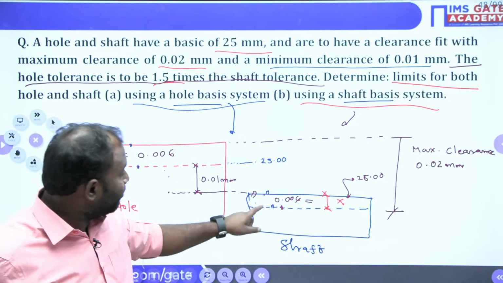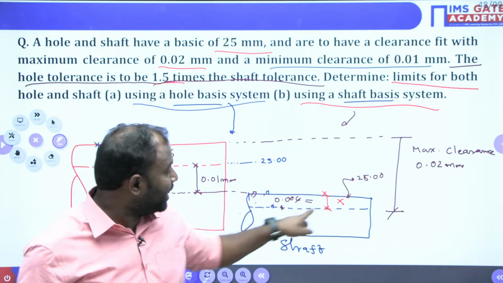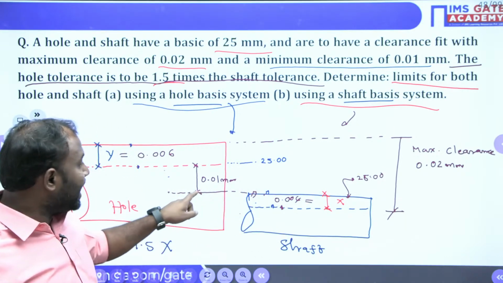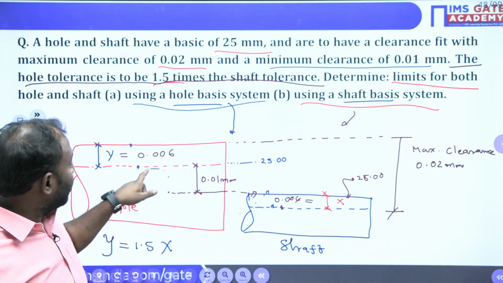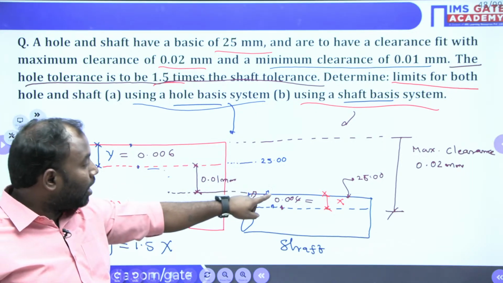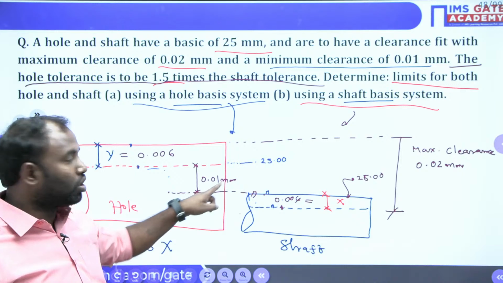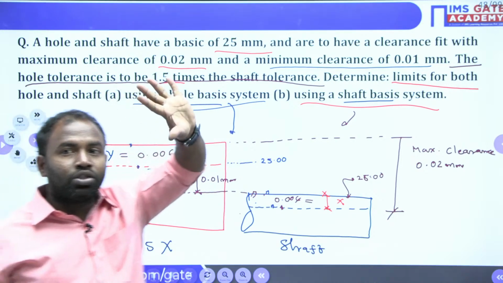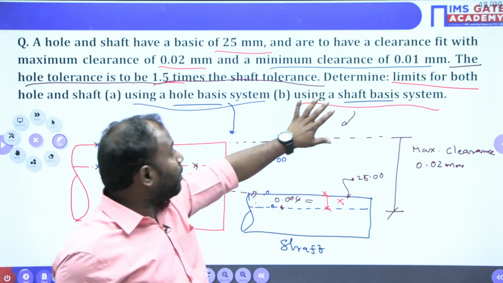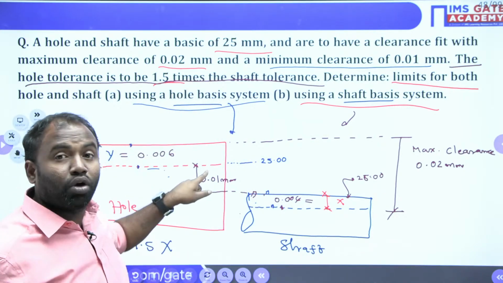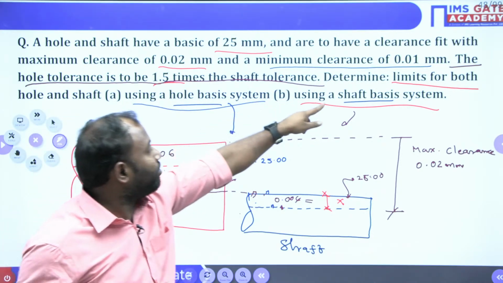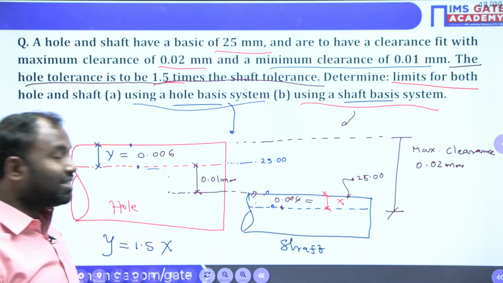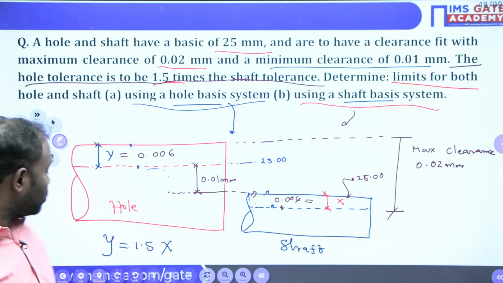If I want the lower limit of the shaft, 25 minus 0.004, then you are going to get the lower limit of the shaft. Next, if I want the lower limit of the hole, then what happened? Upper limit of the shaft plus 0.01, so that I can get the lower limit of the hole in the shaft based system. Do remember, guys, in the hole based system, the lower limit of the hole is basic size. In the shaft based system, the higher limit of the shaft is basic size. Based on that, the dimensions are going to change. So keep observing that.